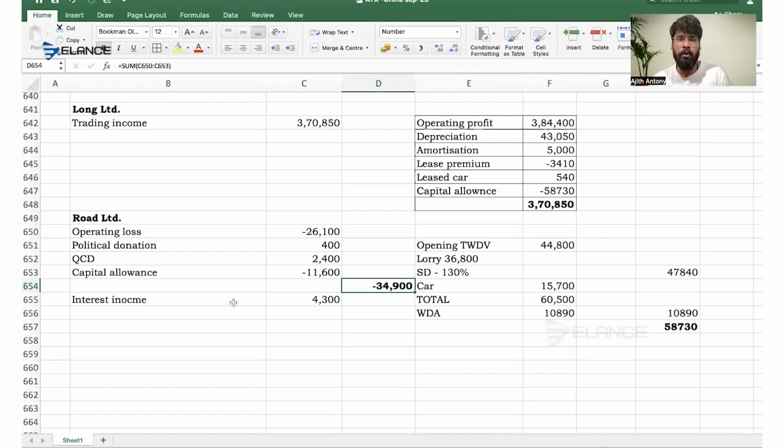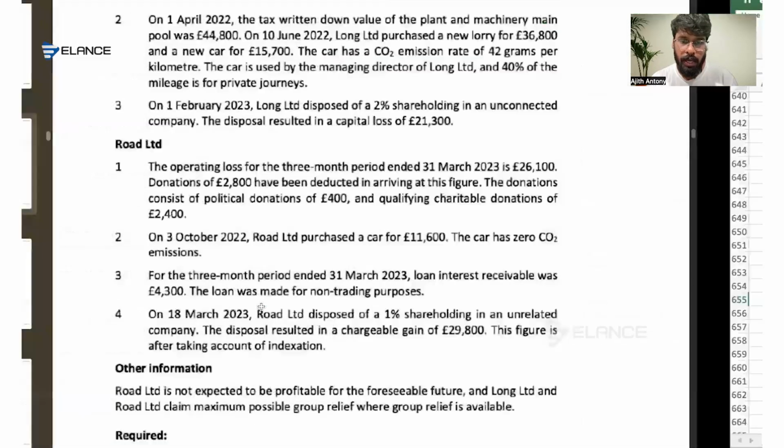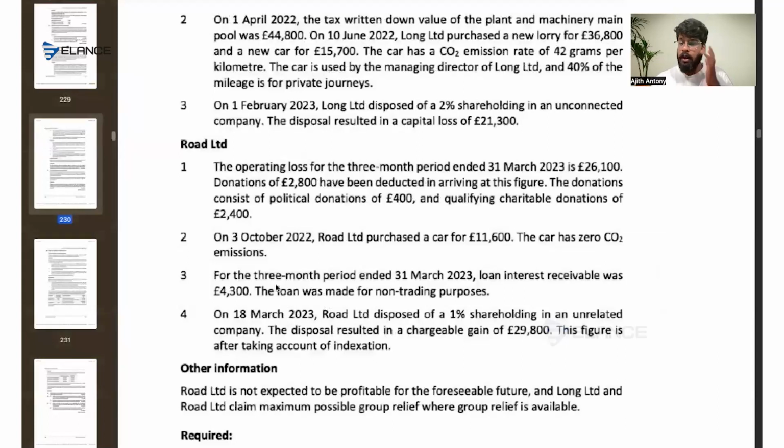Trading income is 0, but there was a trading loss of 34,900, and Rod Limited has an interest income of 4,300. Okay, so it is the only income Rod Limited has in this 3-month accounting period, and we just add that interest as our income in the 3-month period.